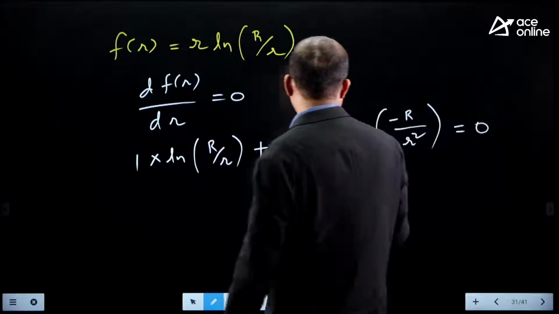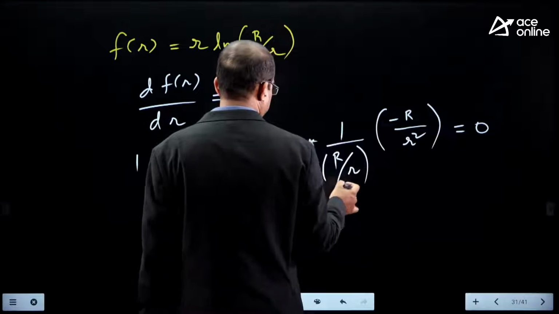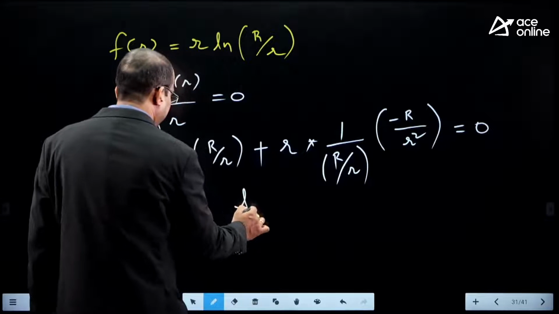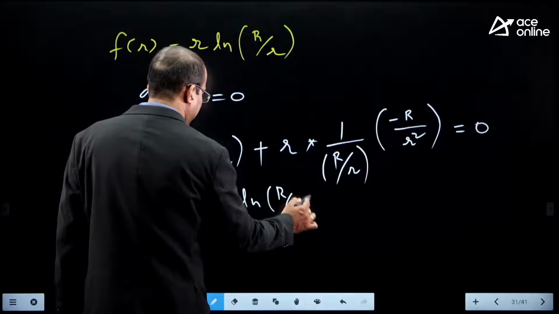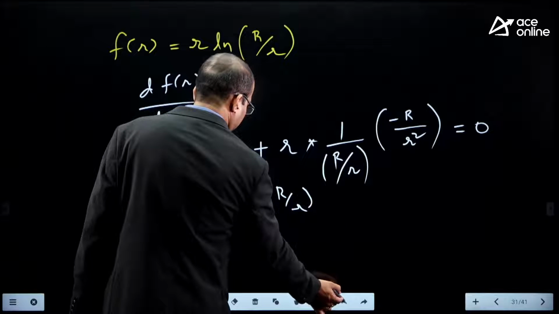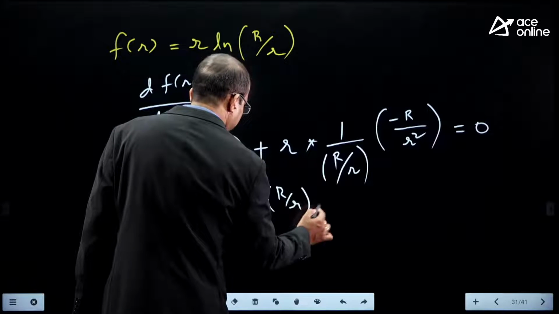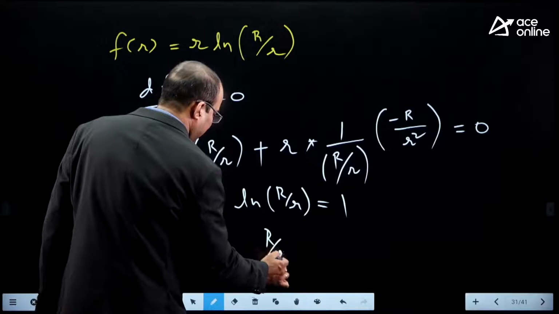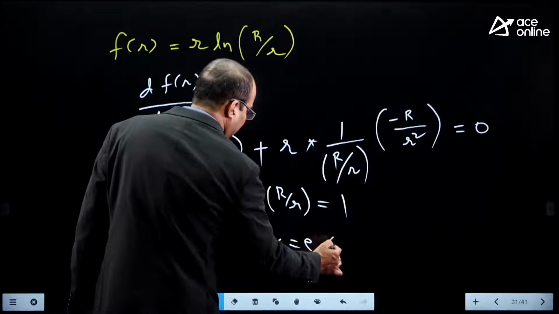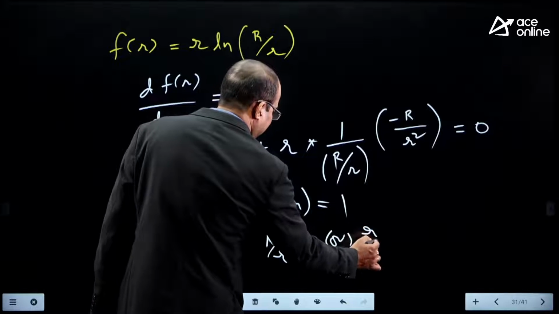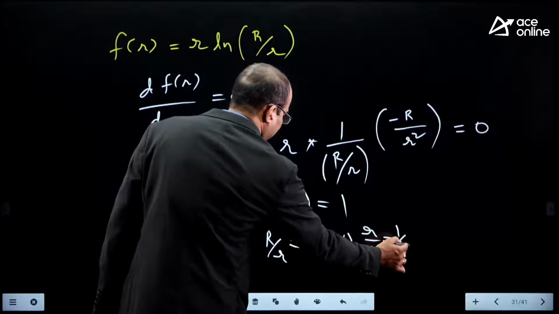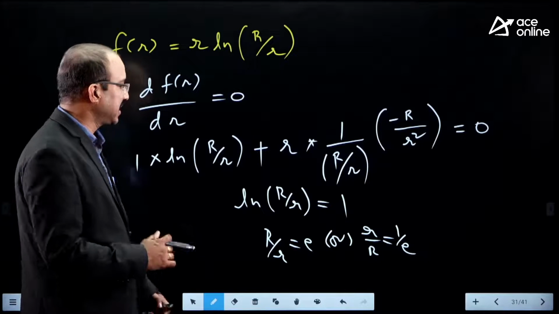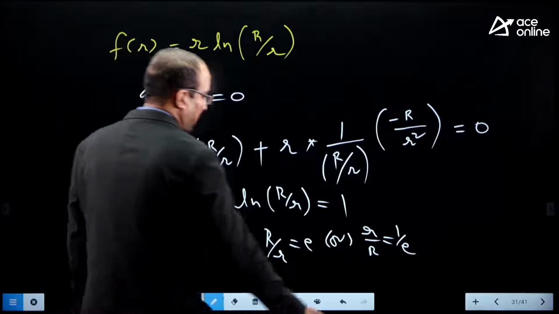R and r will get cancelled out, r square will get cancelled out. Ln of capital R by small r is equal to 1. You will get capital R by small r is equal to e, or small r by capital R is equal to 1 by e. So, this is the condition for the most economical size of the cable.